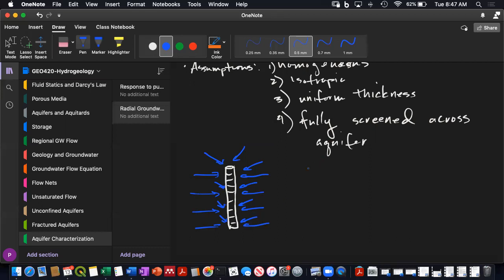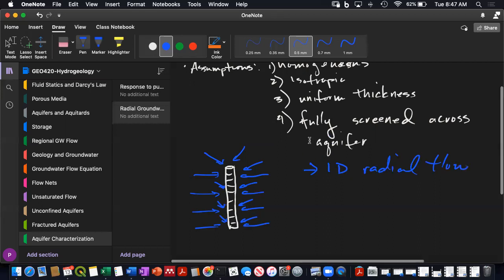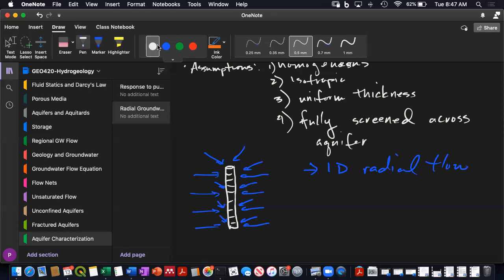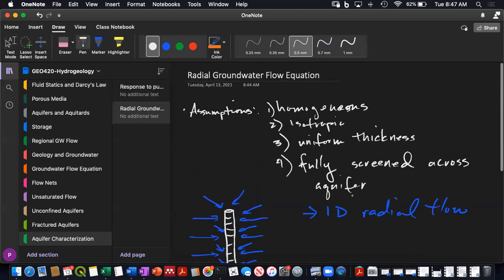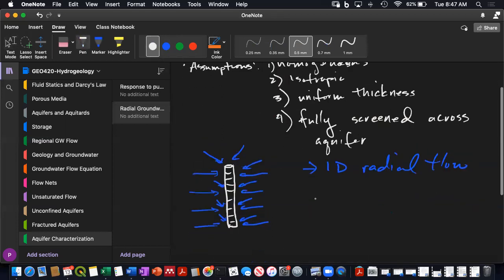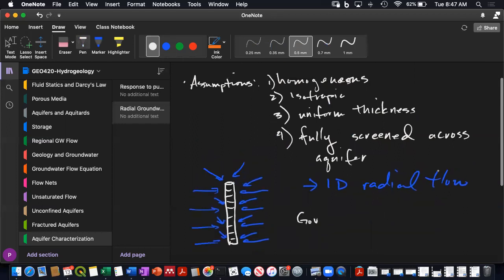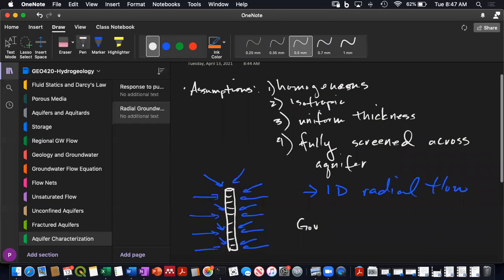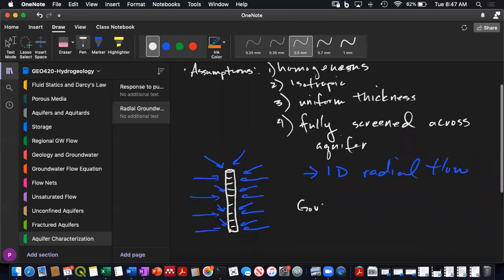So in that case, this reduces to a one-dimensional radial flow equation. And the governing equation looks like this: for one-dimensional radial flow for a homogeneous, isotropic, and uniform thickness aquifer.